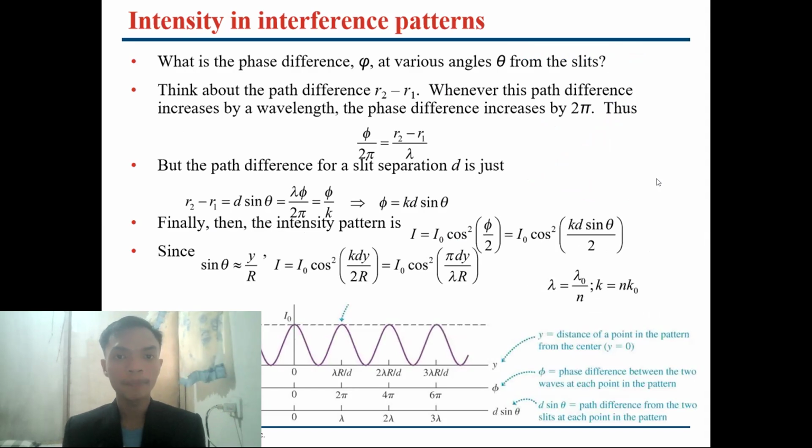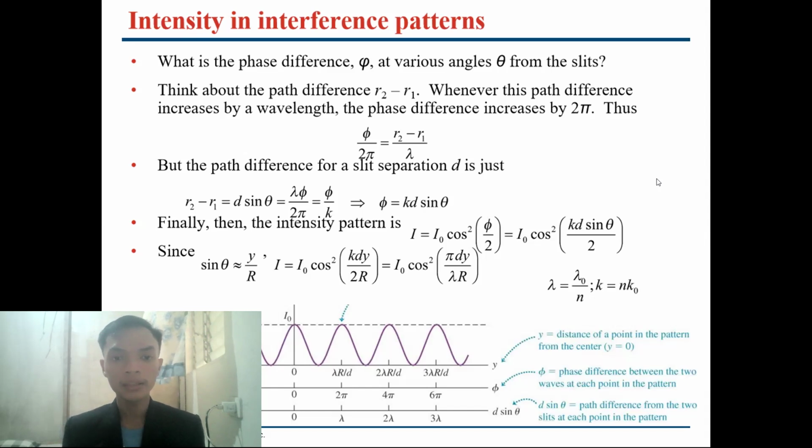And thus, the phase angle is equal to 2 pi times r sub 2 minus r sub 1 over the wavelength. But the path difference for a slit separation is just r sub 2 minus r sub 1 is equal to d sin theta.